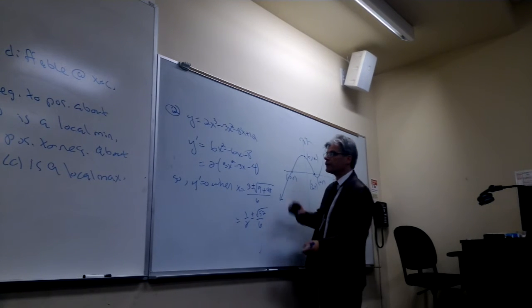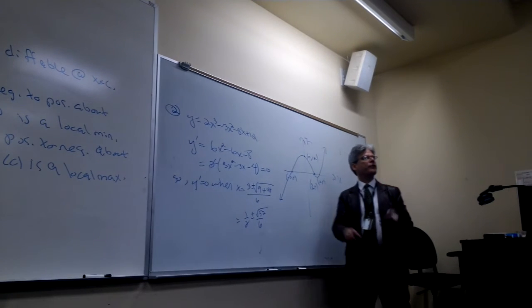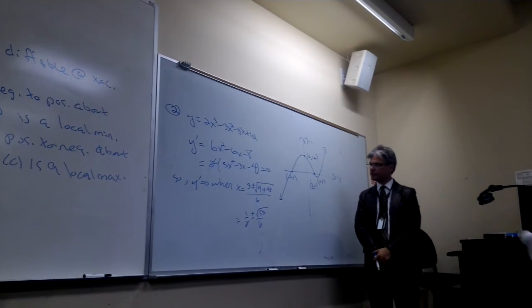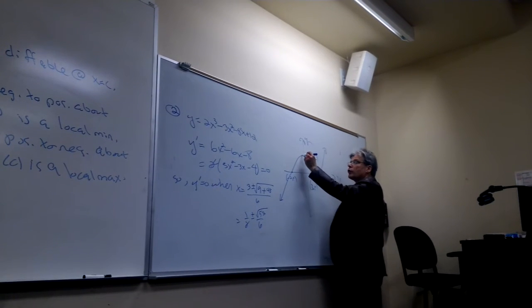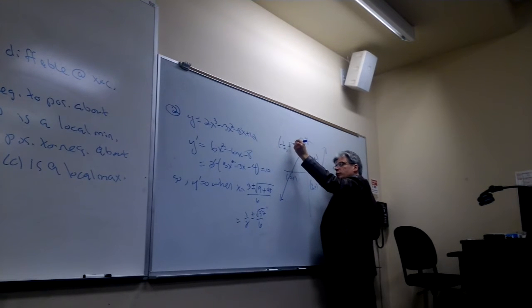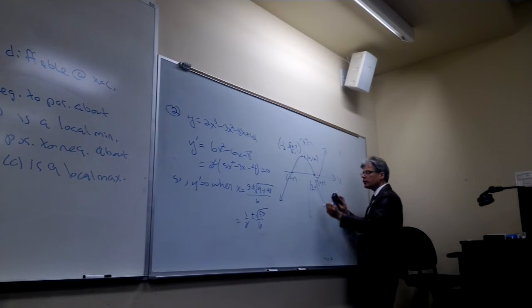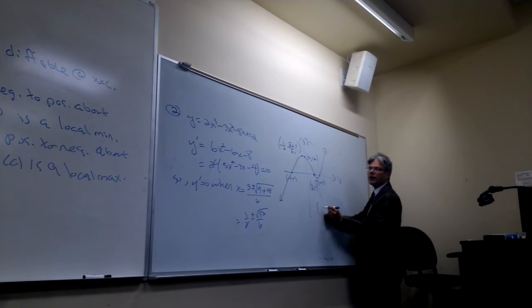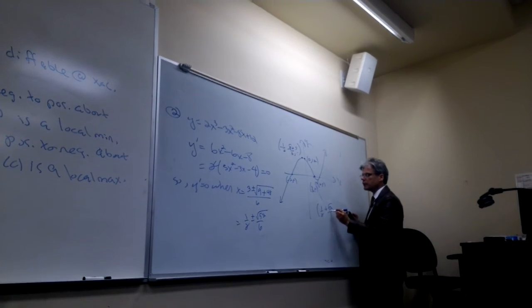Well, if I set the first derivative equal to 0, I can just divide it out. Makes no difference whatsoever, this constant coefficient. That being the case, this local max occurs at negative 1/2 minus root 57 over 6 comma something. And this local min right here occurs at positive 1/2 plus root 57 over 6 comma something.